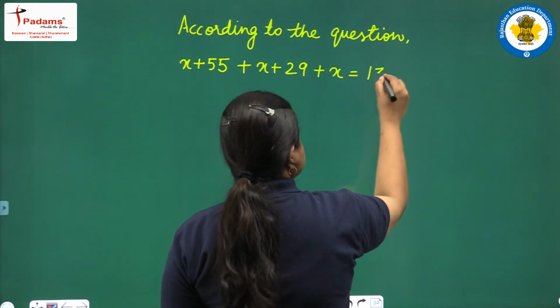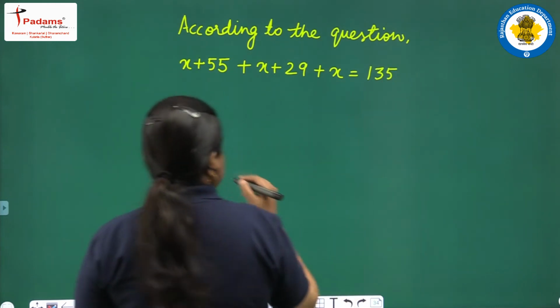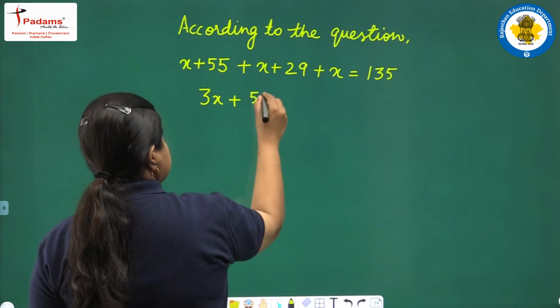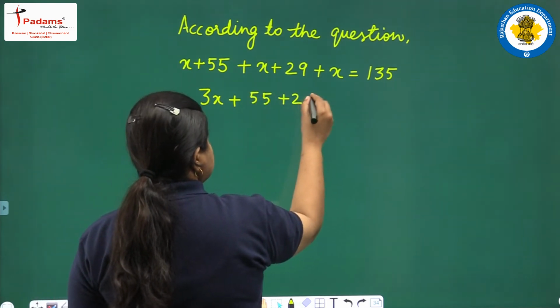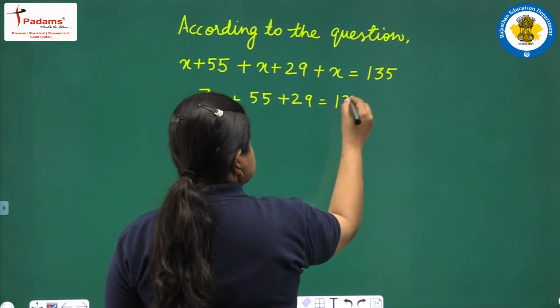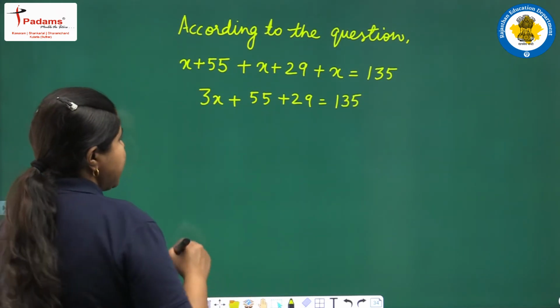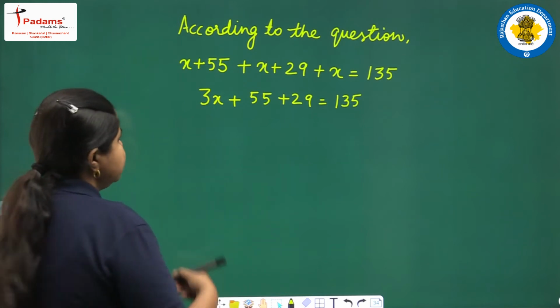This all equal to 135. Now 3x plus 55 plus 29 equal to 135. We have combined the variable terms together and the constants together.